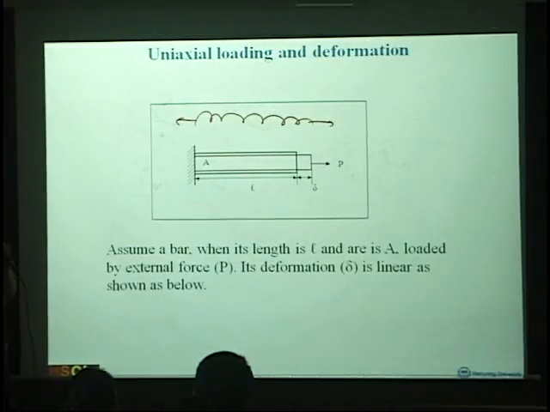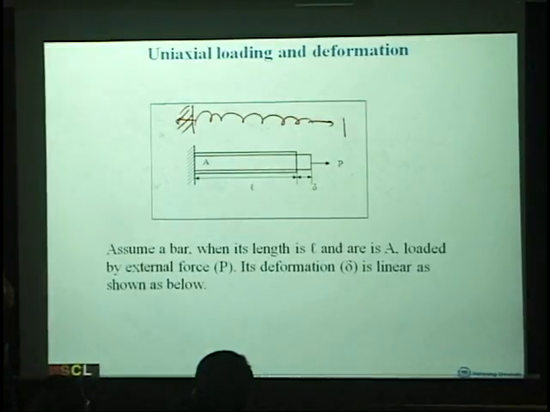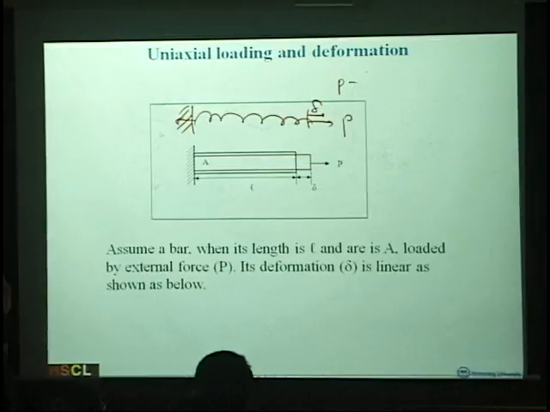But say we have a bar subject to a load P like that. Then, depending on how much delta there is, we just say P equals K delta. That's the definition of a material property in the x direction, right?